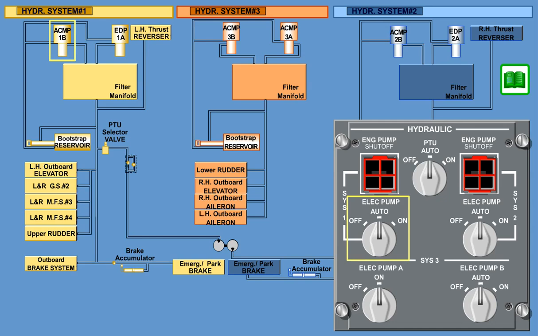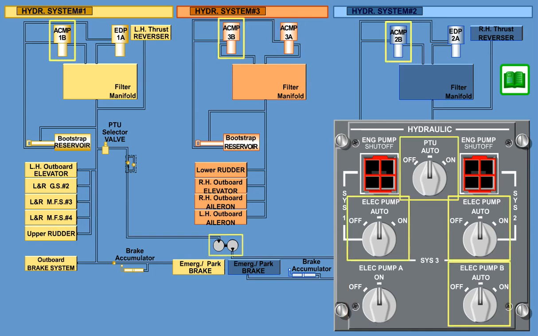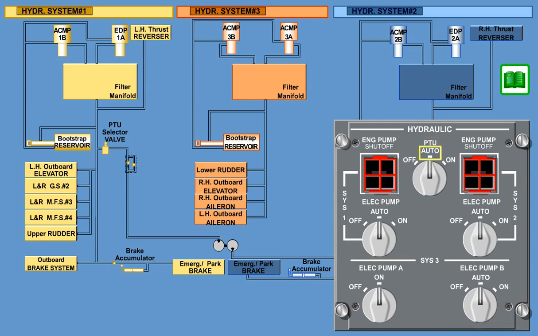ACMPs 1B, 2B, 3B, and the PTU use 3-position double-pole switches, while ACMP 3A uses a double-position switch. Each backup ACMP has its own rotary switch that can put the ACMP or PTU into auto control, off or on.